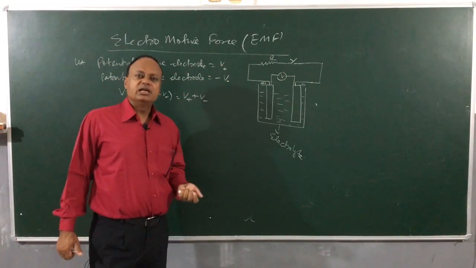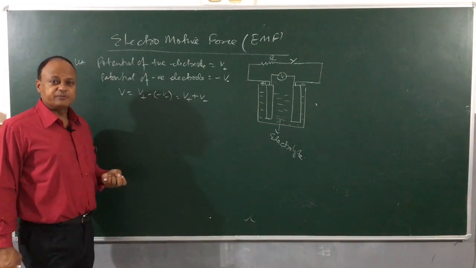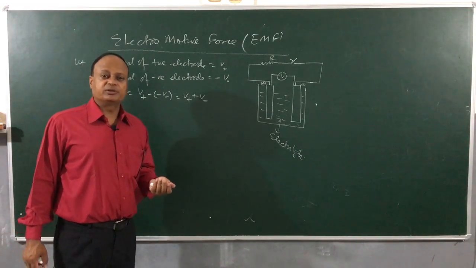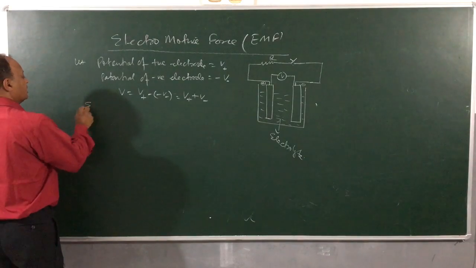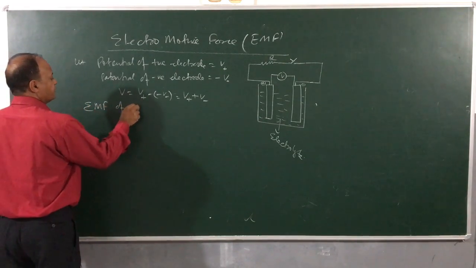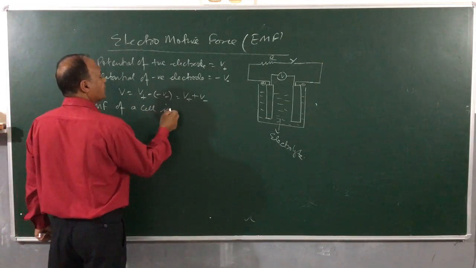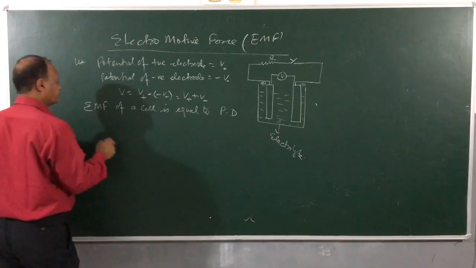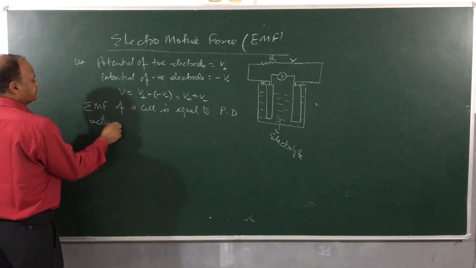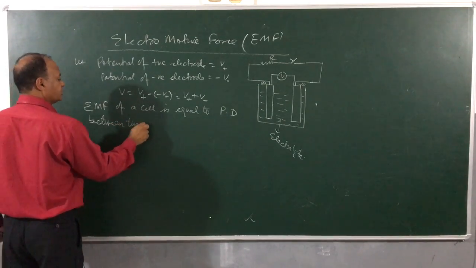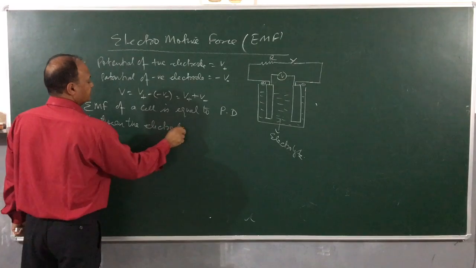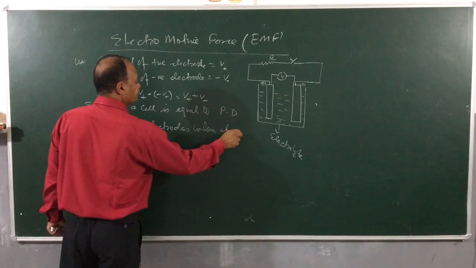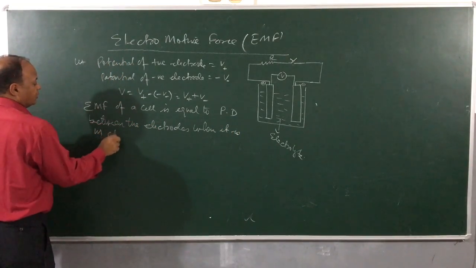So, what is EMF therefore? EMF, children, is the potential difference between the electrodes of a cell when it is in open circuit, means when current is not being drawn from the cell. So, we will define EMF of a cell is equal to potential difference PD between the electrodes when it is in open circuit.